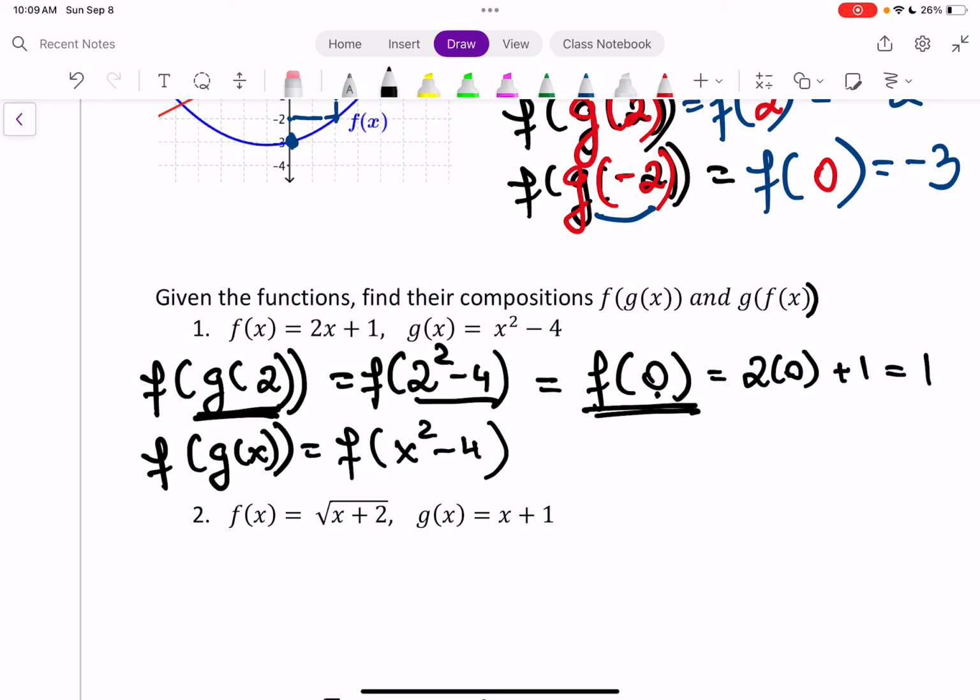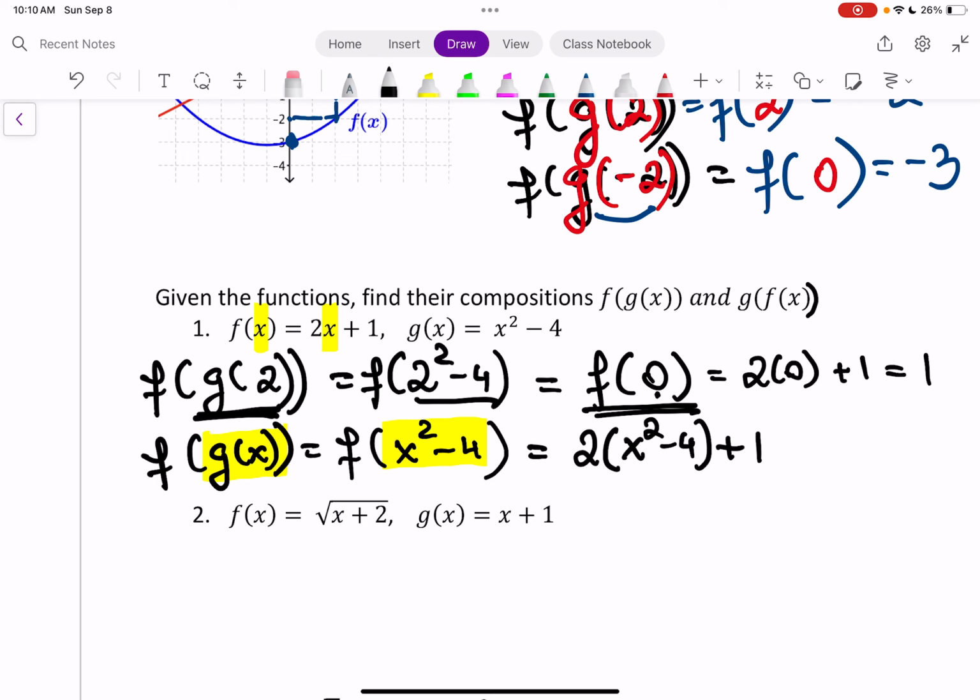That's what g of x is, right? There it is. Now it says take this and put it as your new input in the function f. So not a specific value, but remember we plugged in x plus h earlier. So here it says take this x squared minus 4 and in the function f, plug it in for x.